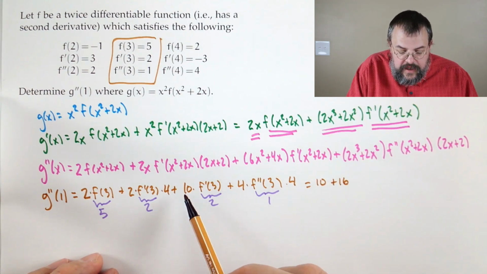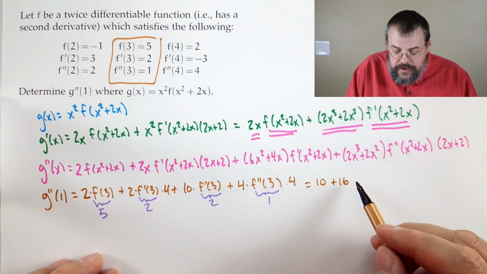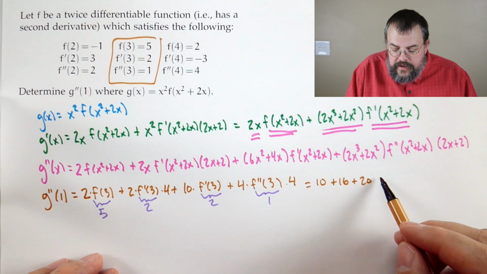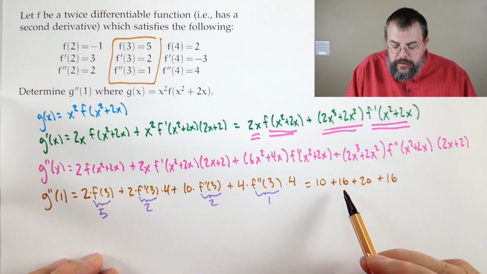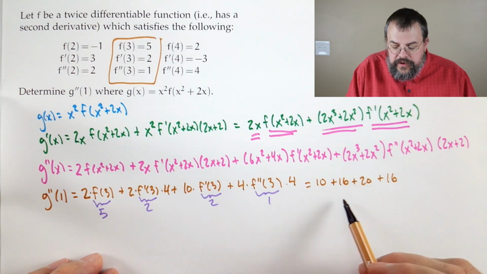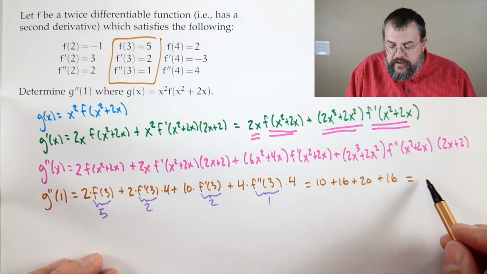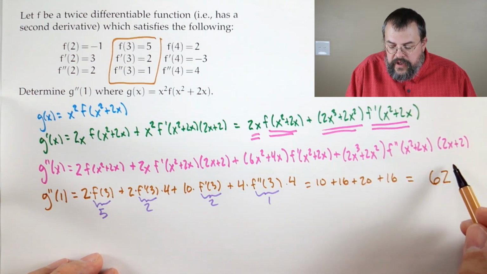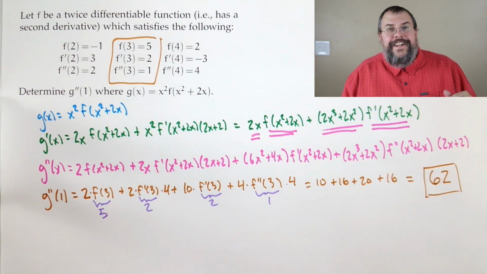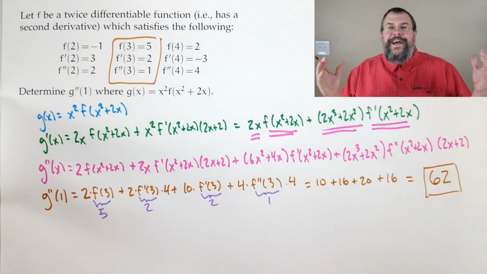Then we have 10 times 2, which is 20. Then 4 times 1 times 4 is another 16. So we get 16 and 16 make 32, plus another 10 plus 20 is 30. That gets us to 62. And there you go. Aha! It just sort of flows out.